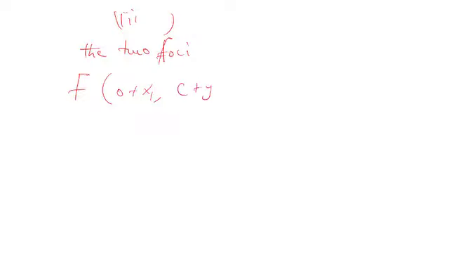The last part is to look for the two foci. I think this is very simple because we've been doing this. For the foci we have F1 equals 0 plus x1, c plus y1, which is 1 comma square root of 21 plus 2.